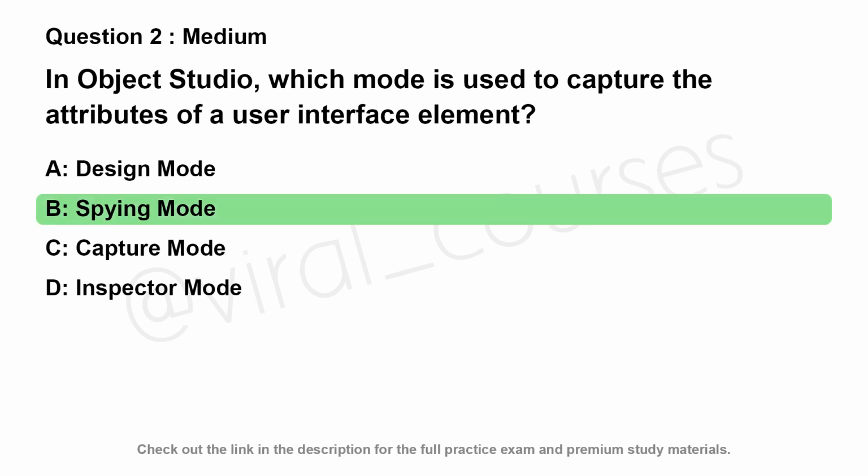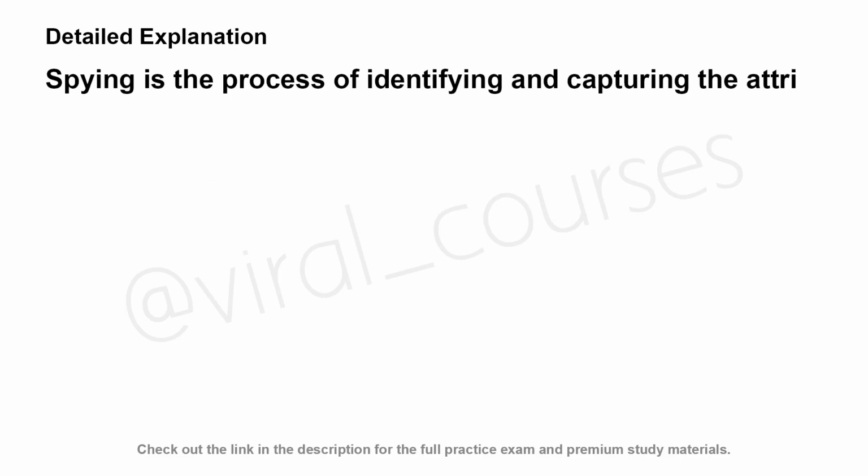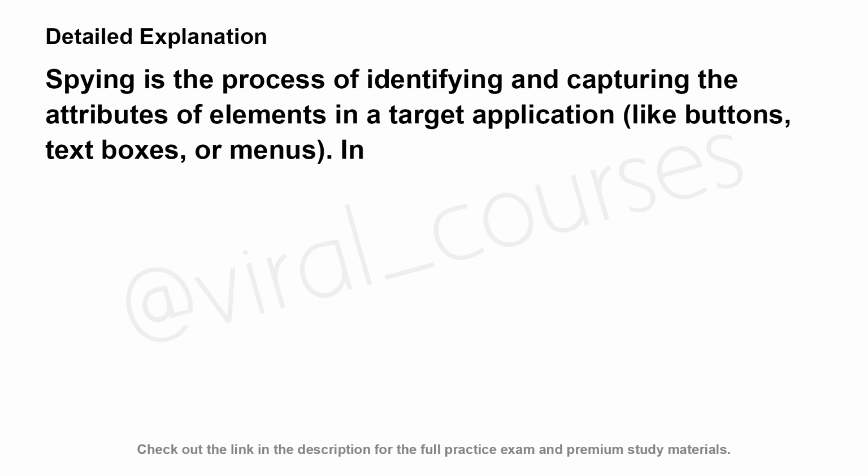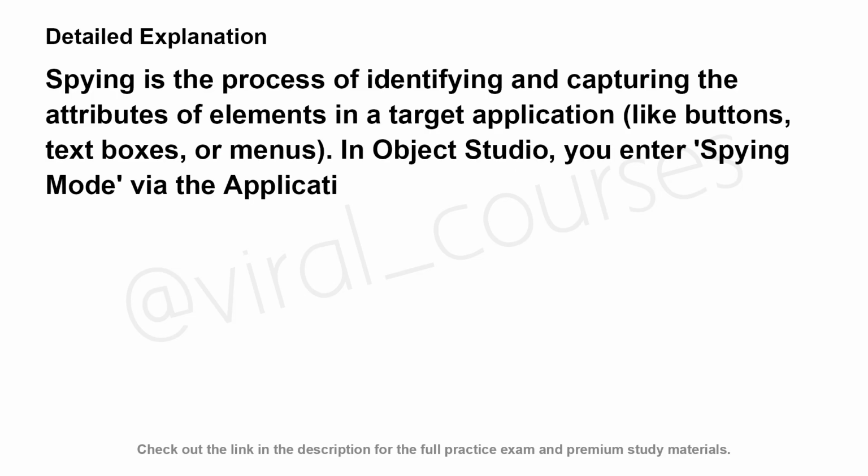The correct answer is B. Spying is the process of identifying and capturing the attributes of elements in a target application, like buttons, text boxes, or menus. In Object Studio, you enter spying mode via the application modeler.